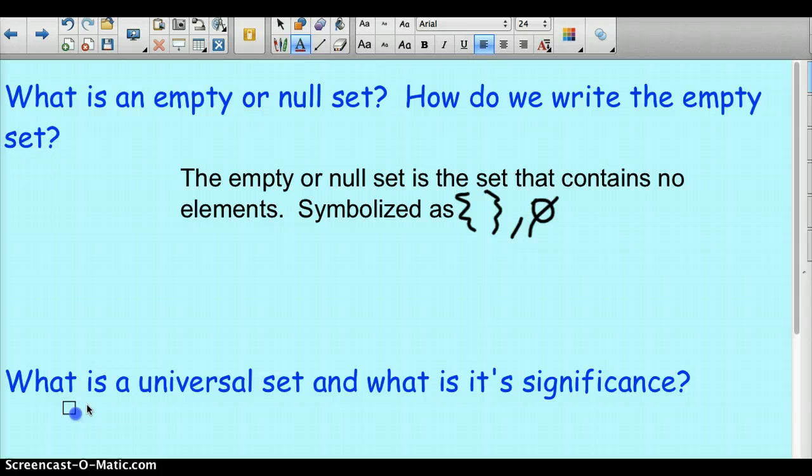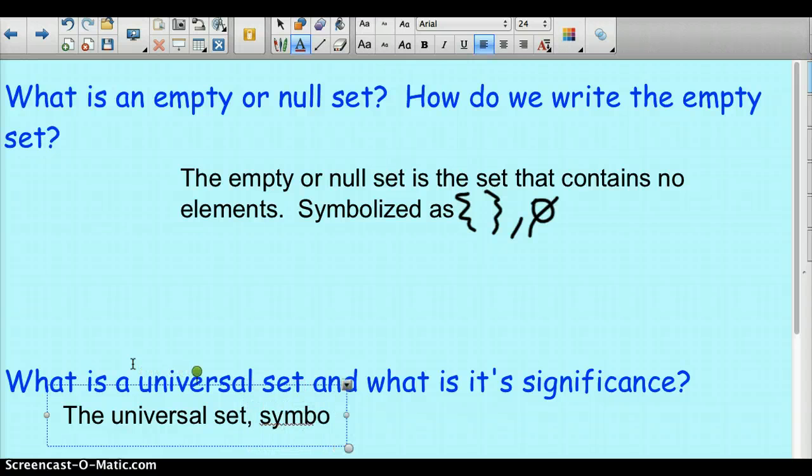Moving on to the next one, we have the universal set and its significance. Well, the universal set is symbolized with a big U, so it shouldn't be hard.